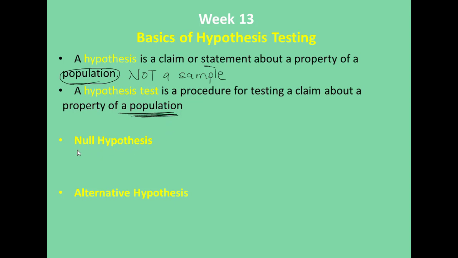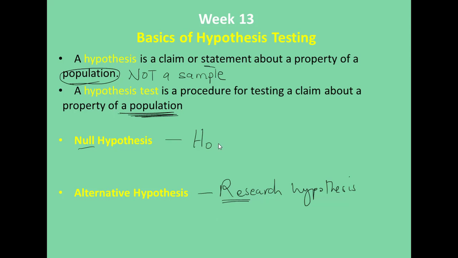We have the null hypothesis, which is the hypothesis of no difference, the null. And then we have the alternative hypothesis. This is the research hypothesis, the study hypothesis. There are three ways to state the alternative hypothesis depending on what you are trying to establish, what you are testing.